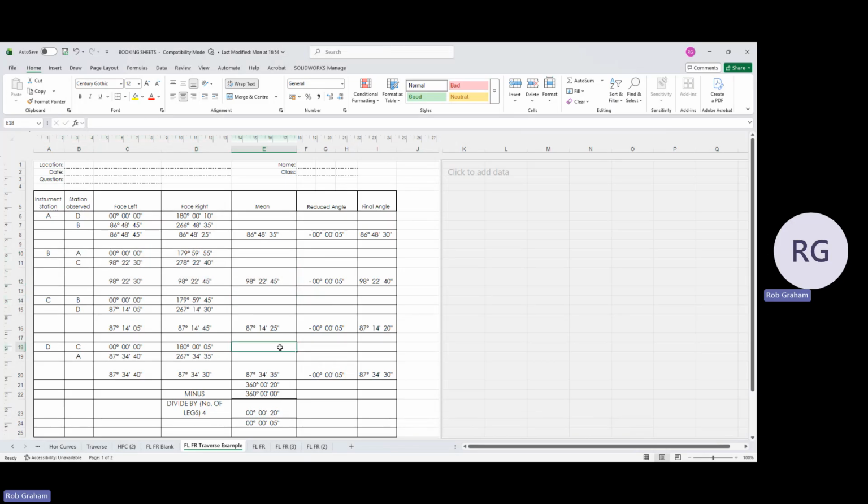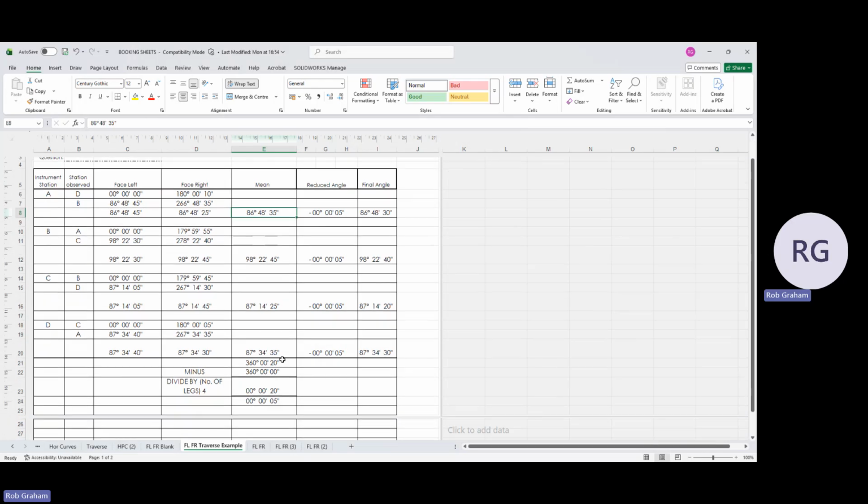Now, in a 4-sided shape, the internal angles should add up to 360. So what we do is we add the mean internal angles at A, B, C, and D, and you write down your figure there. In our case, in this example, 360, 0, 0, 20.